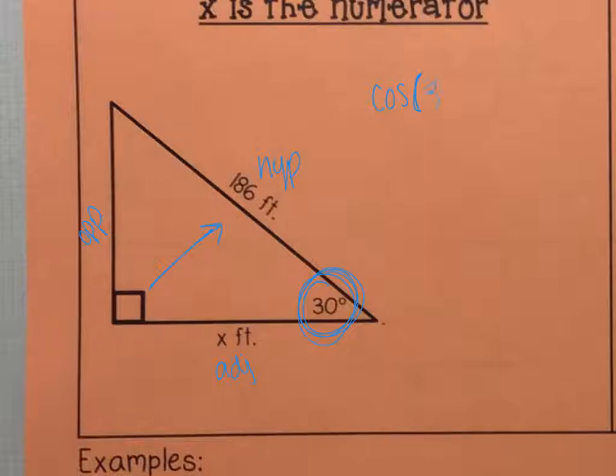So the 30 is what's going in my parentheses because now I actually know the measure of that angle. Equals. All right, what is cosine's ratio? Adjacent over hypotenuse. Very good. And so then how do I set that up? X over 186. Very good.